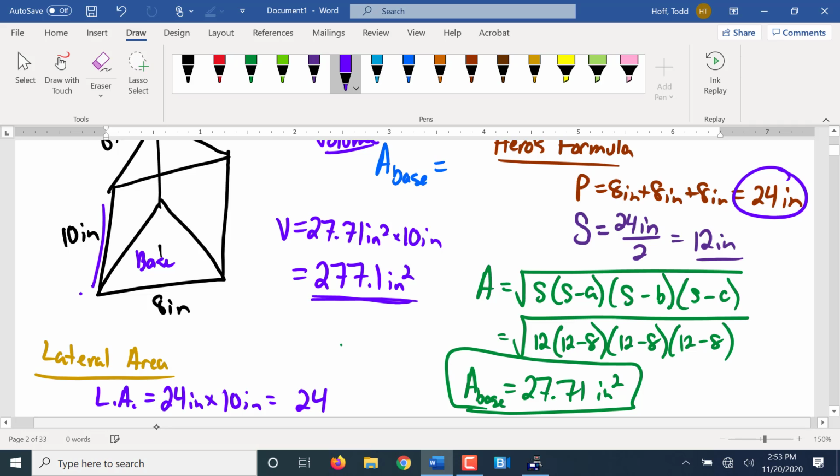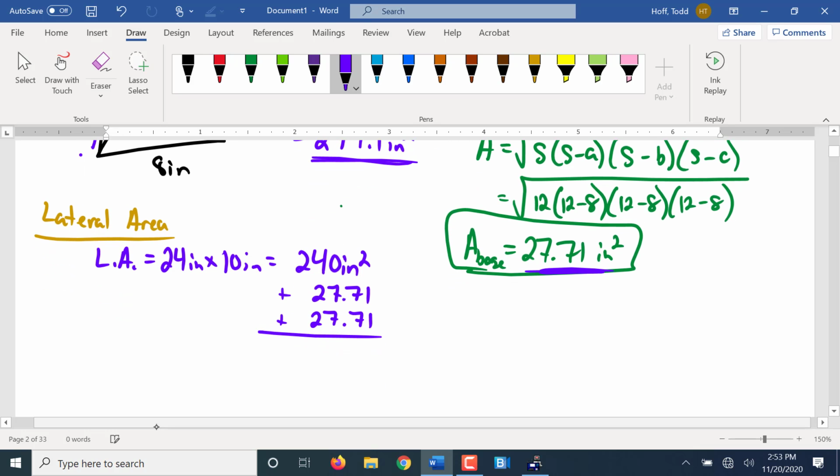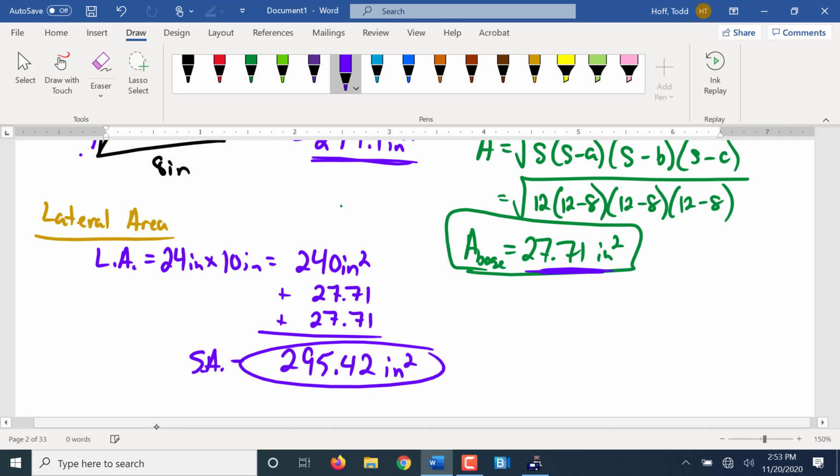So that's 240 square inches. To that, we're going to add the area of our base twice. $295.42 is our surface area.